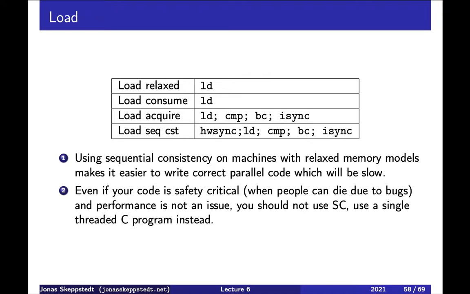So maybe it is a good idea to use sequential consistency in such situations. That may be an argument for that, but I would say it's better to use a single-threaded C program in case we have a safety critical program, if possible, of course, because it may be too costly to use sequential consistency.